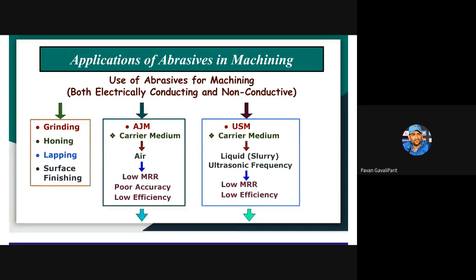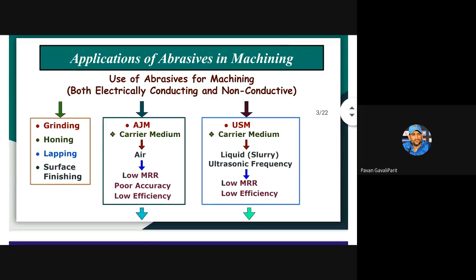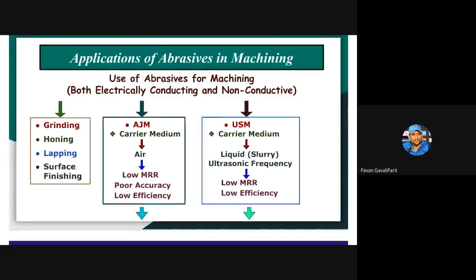In abrasive jet machining, to carry or move the abrasives we require a carrier gas. But here we get low efficiency, low MRR and low accuracy. So to overcome this limitation or drawback, we have to go for improvement.